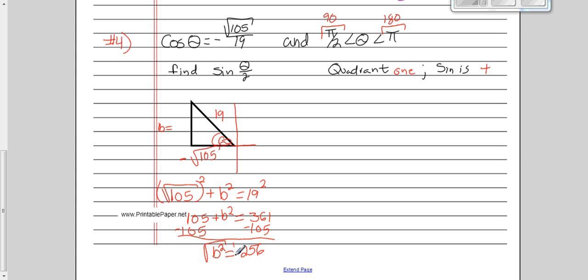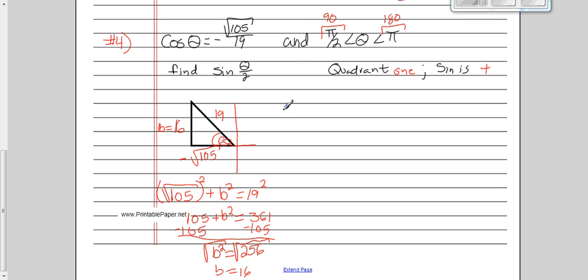And if I square root that, I end up with B equals 16. So B is equal to 16 over here. Okay, so sometimes you have to use the Pythagorean theorem to figure that out. Now from here, it's just using my formula, guys. Okay, so a lot of hard work is kind of done.